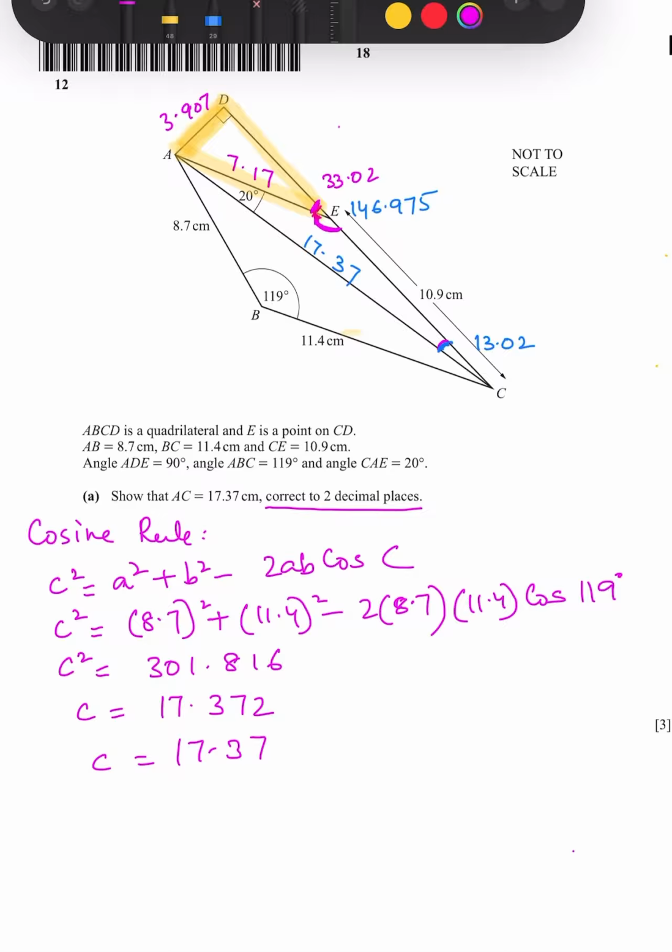Right? Now we have to calculate this side.